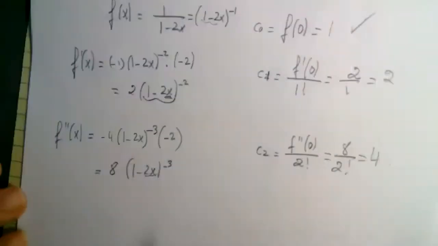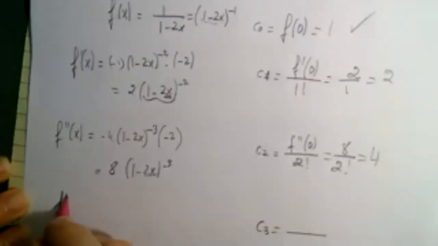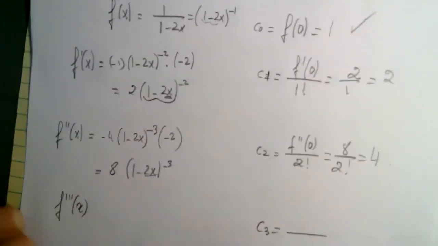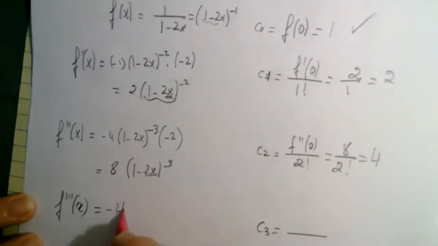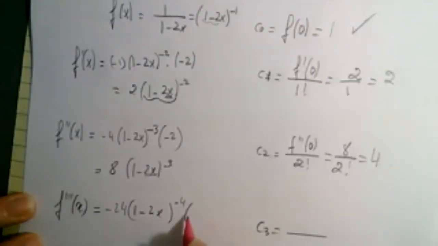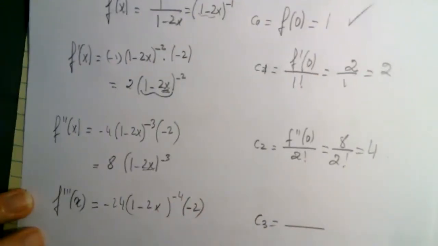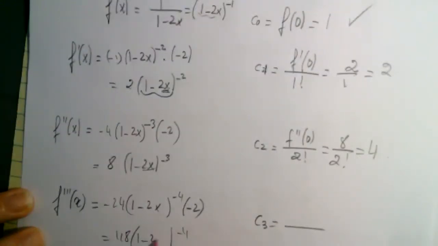So one more time. What is C3 according to this formula? I compute the third derivative. Now this is minus 3 times 8, minus 24, (1 minus 2x) to the minus 4, times the derivative of what's inside. This is going to give me 48 times that.